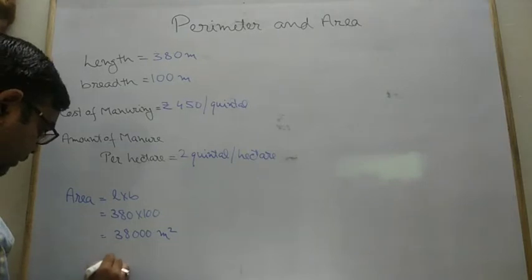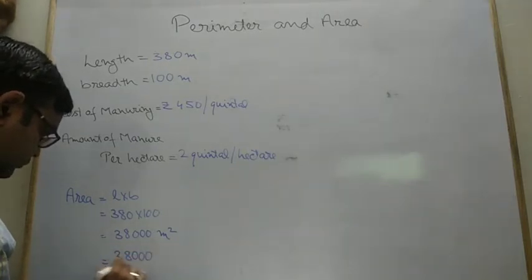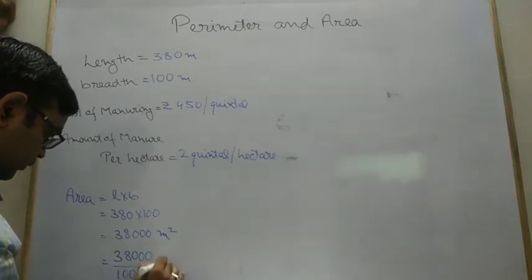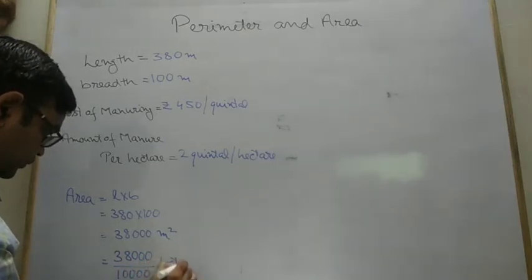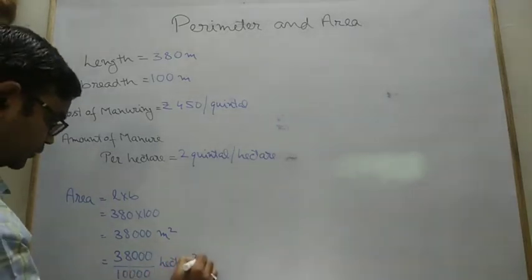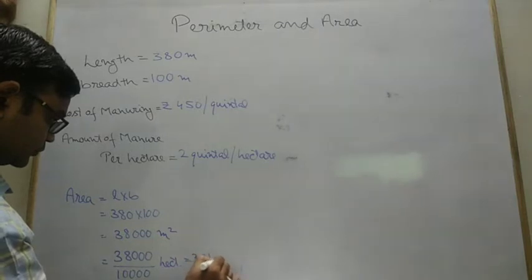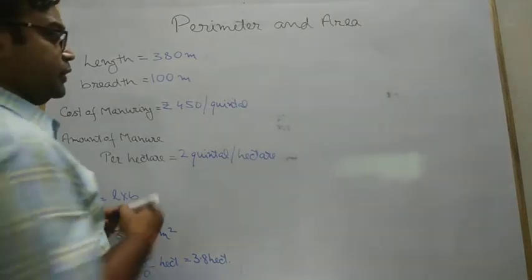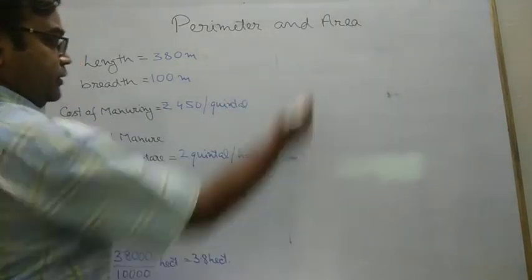We divide this by 10,000. Now we have hectare. This is 3.8 hectare. Clear? 3.8 hectare.